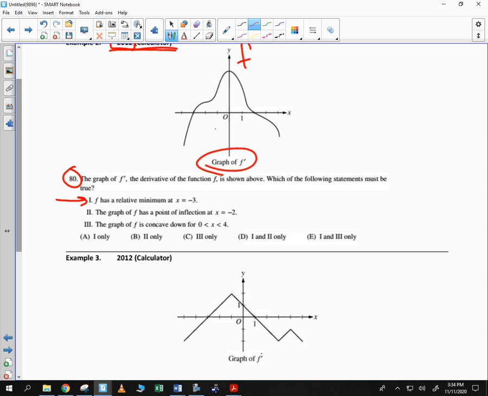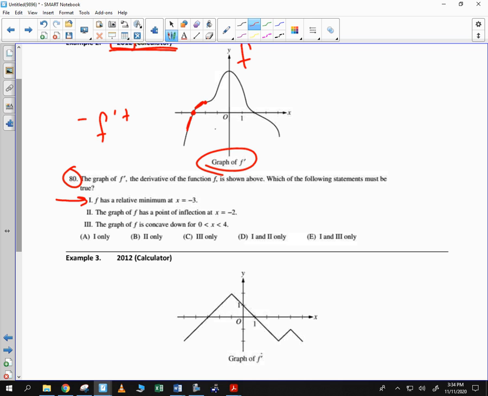F has a relative minimum or a local minimum at x equals -3. Well, minimum happens where f prime changes from negative to positive. If you notice the derivative, it does. F prime is negative down here, and then it's positive up here. So that one works.